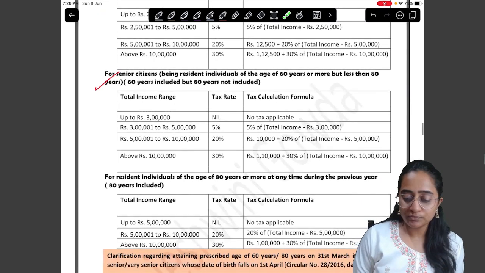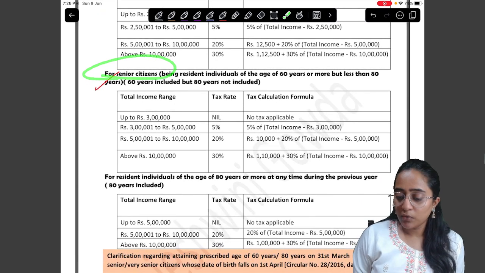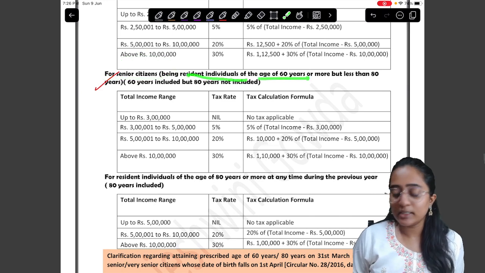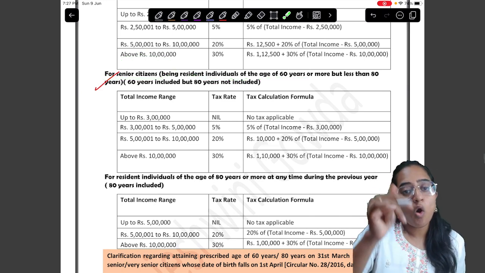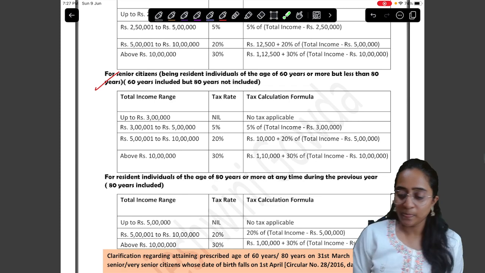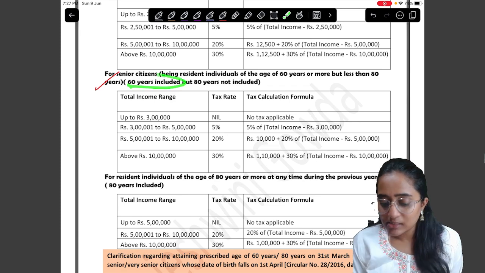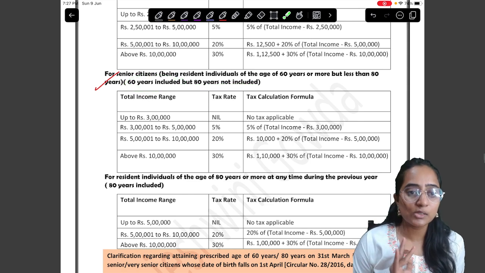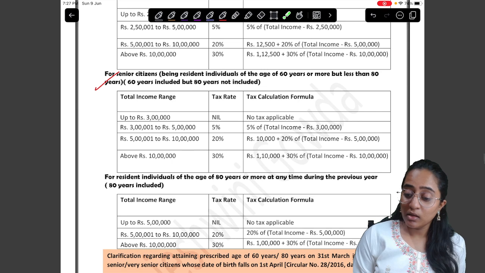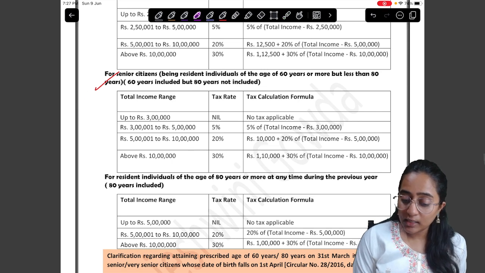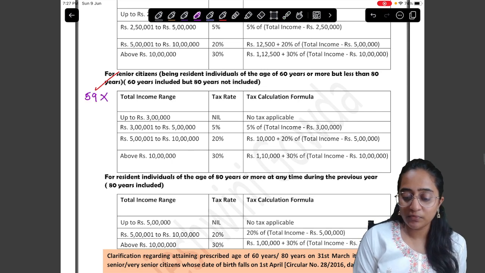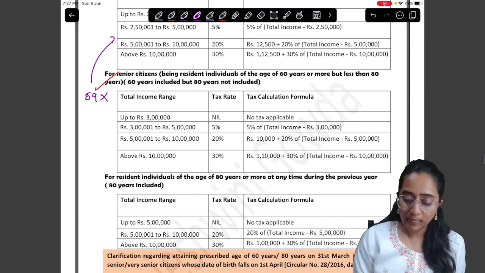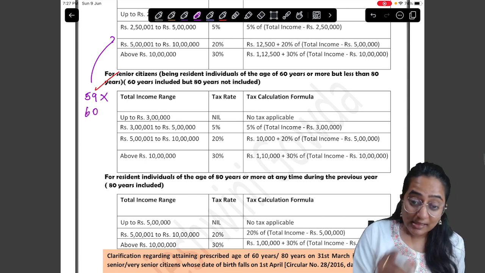Simple. Okay. Now for senior citizens, being a resident individual at the age of 60 or more but less than 80. See here, 60 years is included but 80 years is not included is what I've written. This is my note. What does it mean? Is 59 included here? Absolutely not. Is 60 included?